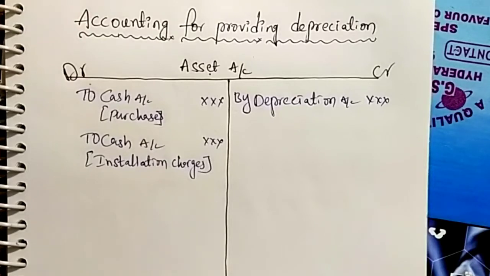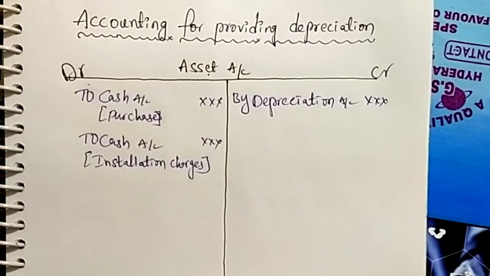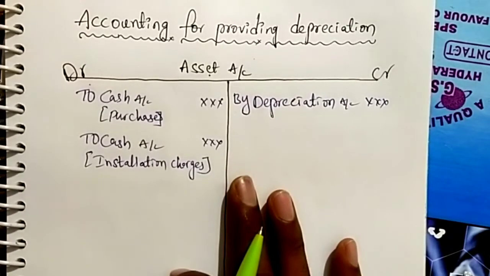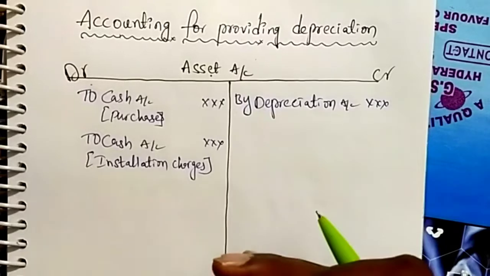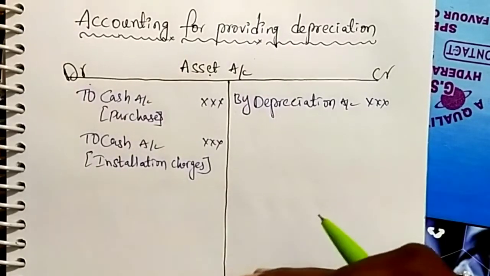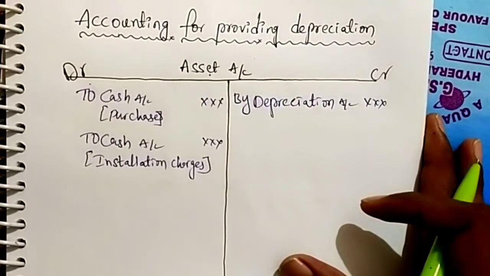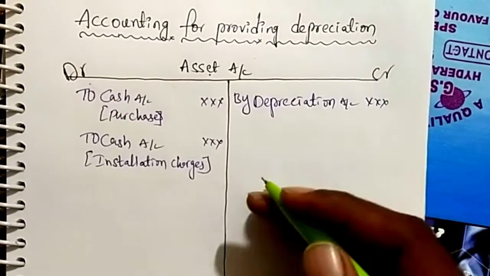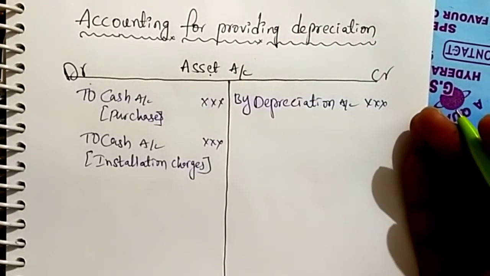Next, after some years, that asset may be obsolete, or the business organization is not interested in that particular asset, then the business organization may sell that particular asset to another person. So at the time of sale of asset, that asset goes out.